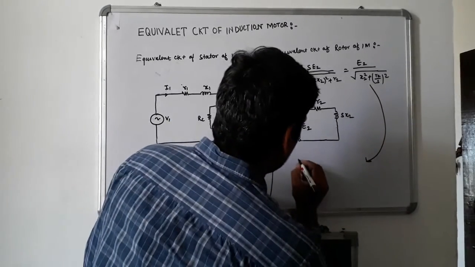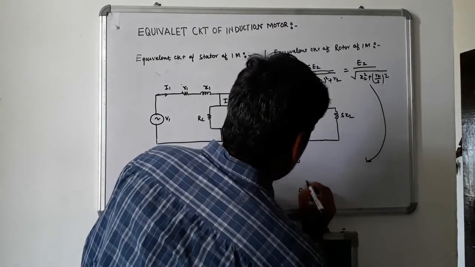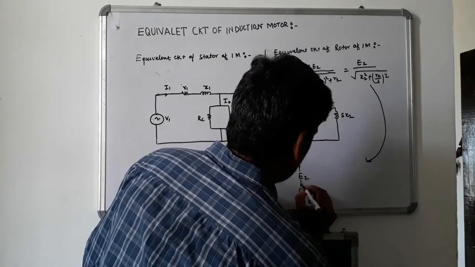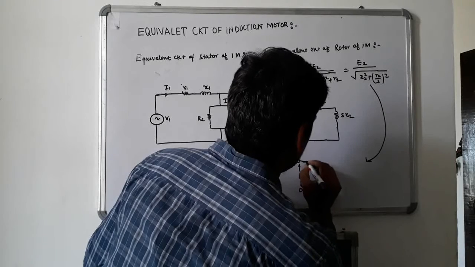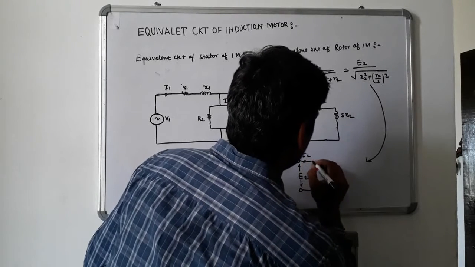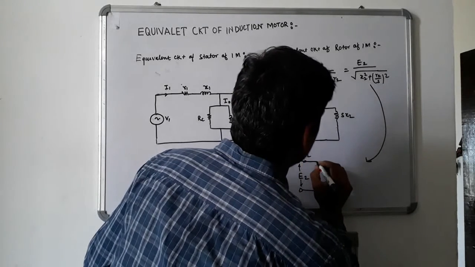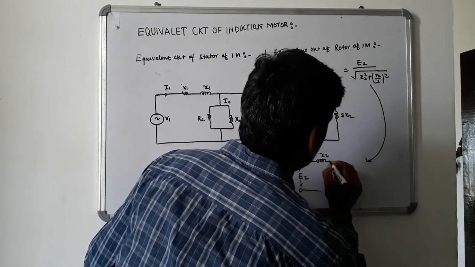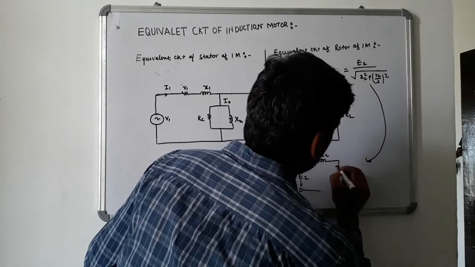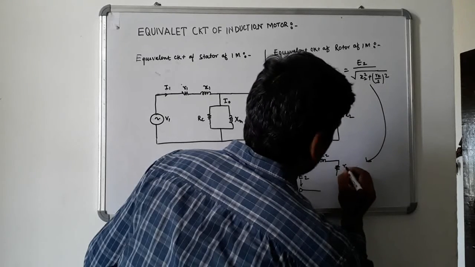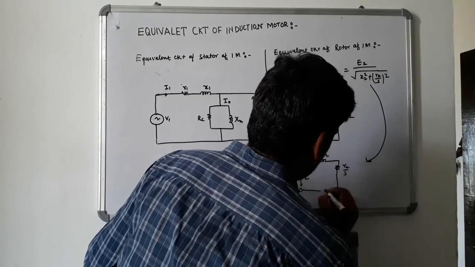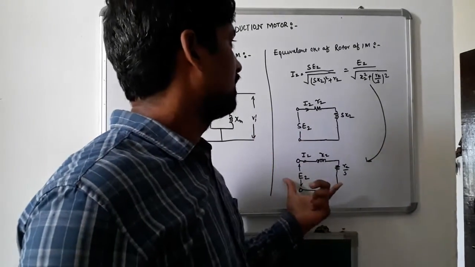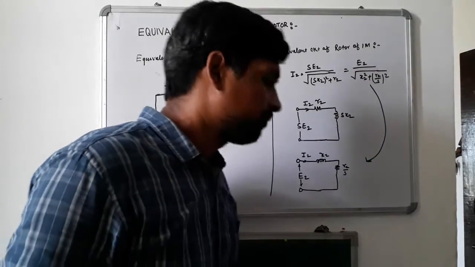Then the equivalent circuit has E2, the current I2, inductance X2, and resistance R2 divided by S.